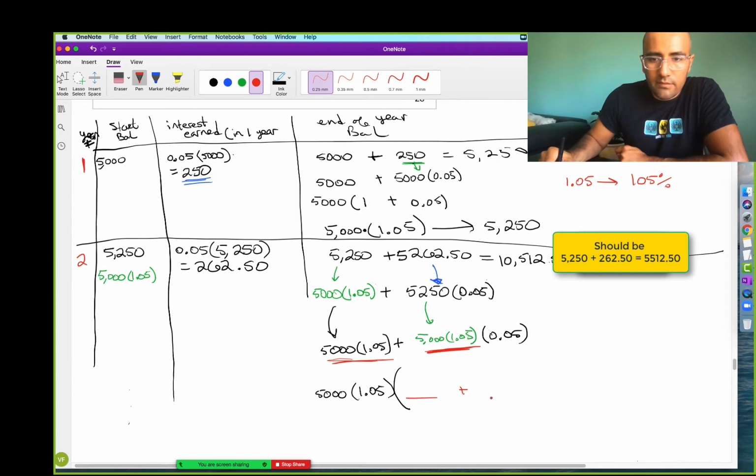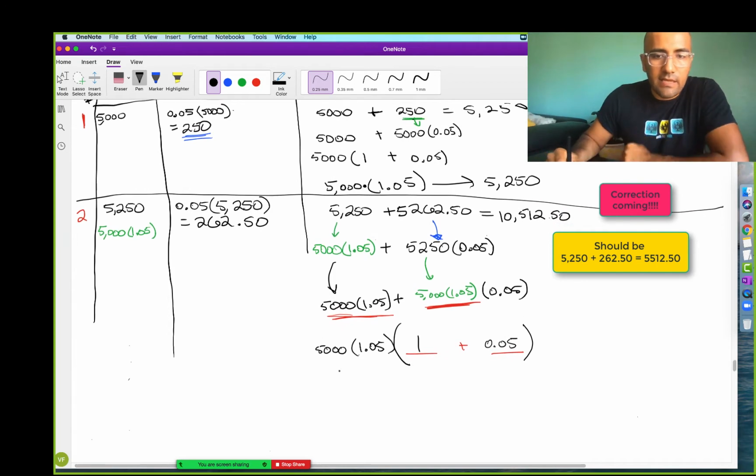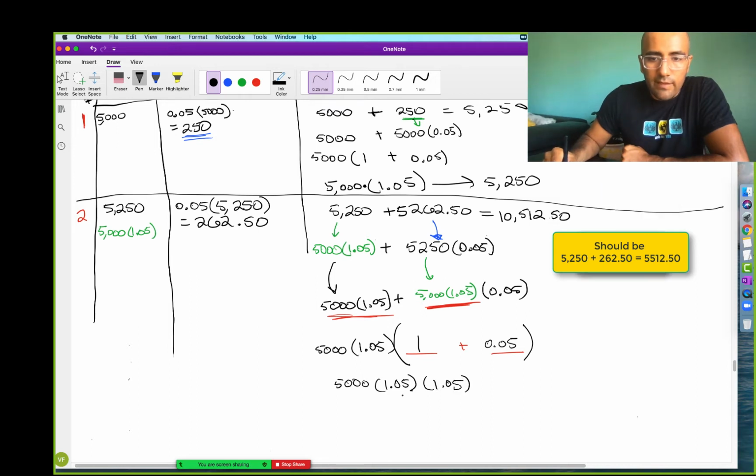Factoring out 5,000 times 1.05, we end up with a 1 here. And then for the second term, the only thing that remains is 0.05, right? Which can be combined again, and we end up with 5,000 times 1.05 times 1.05. And they're identical, so of course we can rewrite them as 5,000 times 1.05 to the power of 2.